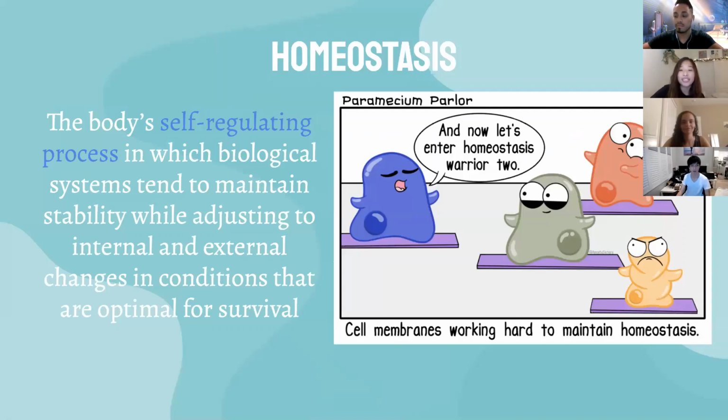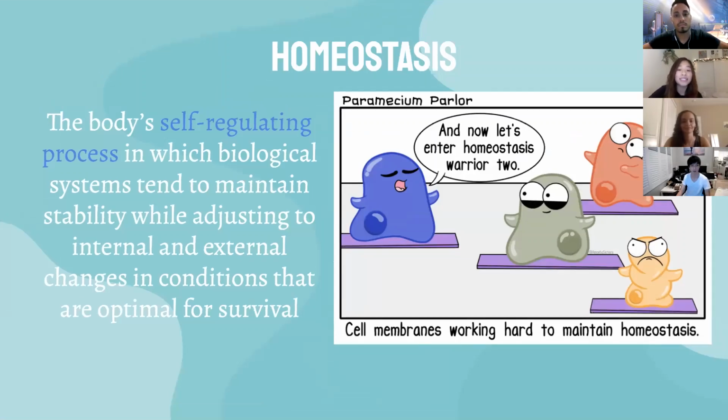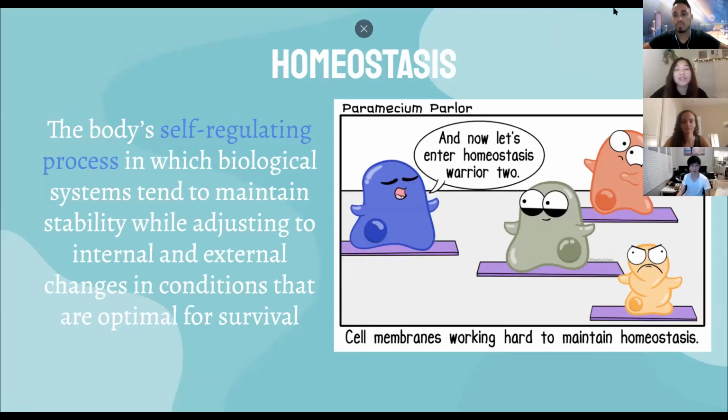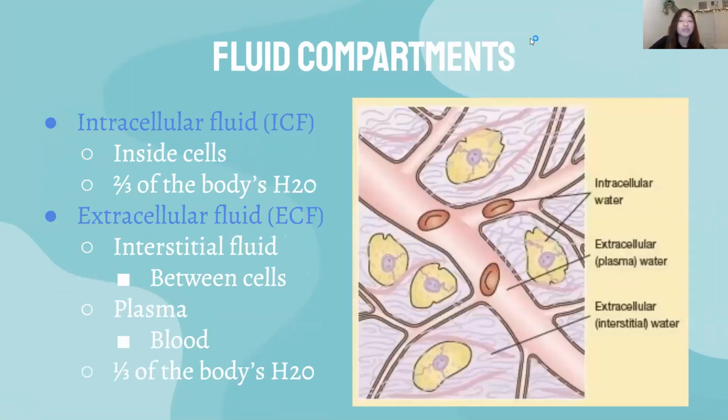Homeostasis is the body's self-regulating process in which biological systems tend to maintain stability while adjusting to both internal and external changes in conditions that are optimal for survival. All living organisms, from plants to puppies to people, must regulate their internal environment to process energy and ultimately survive.